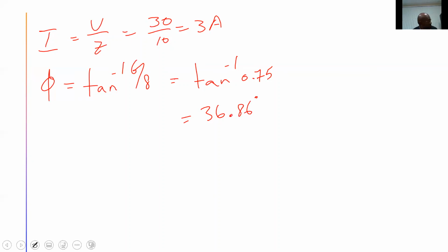Okay. So the final answer, as we were asked to find the current, the final answer is that I is equal to 3 amperes at 36.86 degrees.